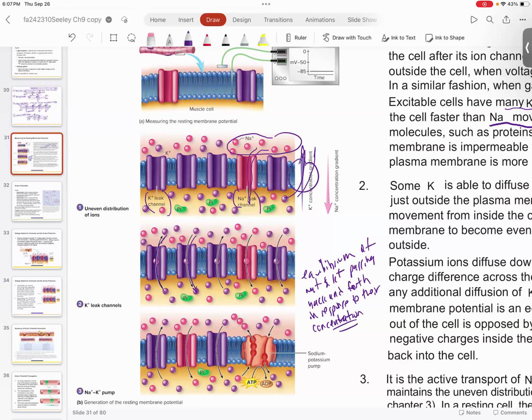And so the leak channels will allow you not to indefinitely build up charge, right? Because you only want to get it up to roughly about minus 70 millivolts.